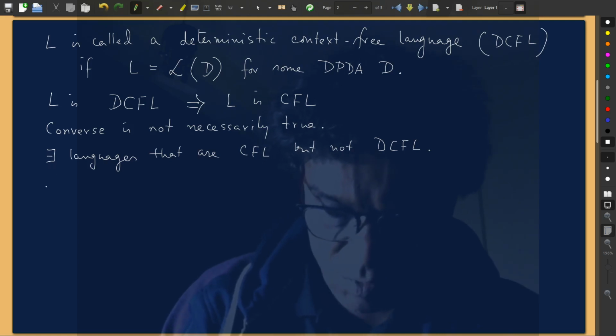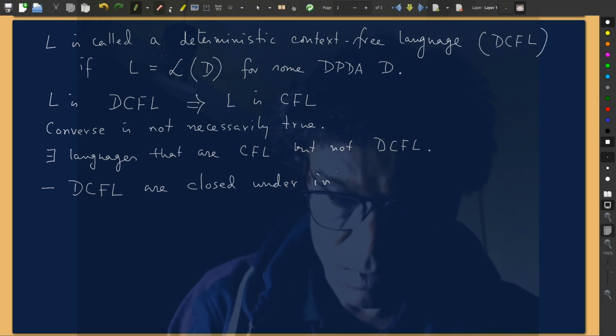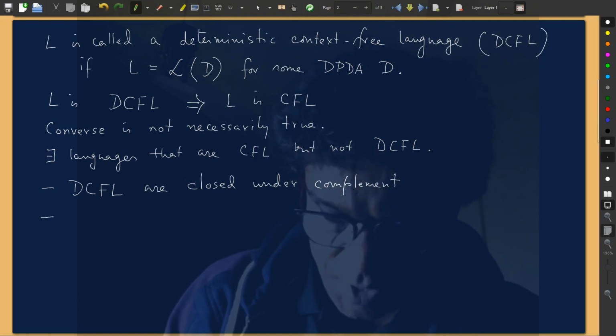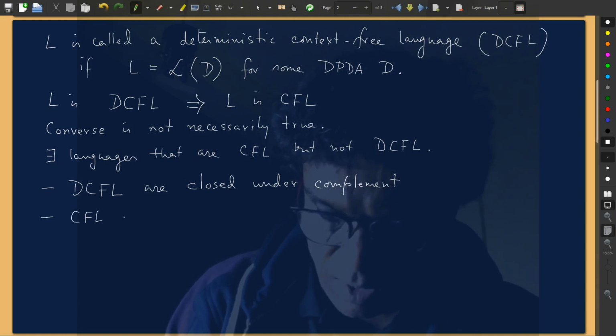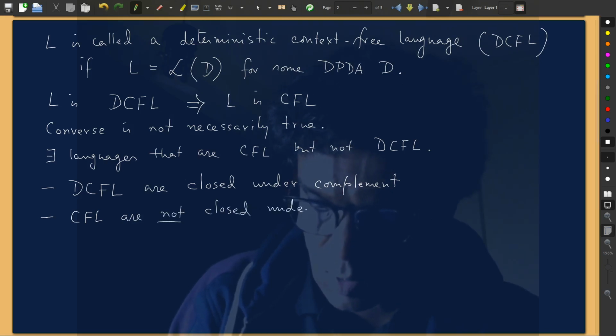Indeed, I will prove it in a roundabout fashion. We will show two things. The deterministic context-free languages are closed under intersection and closed under complement. And we already know that context-free languages are not closed under complementation.